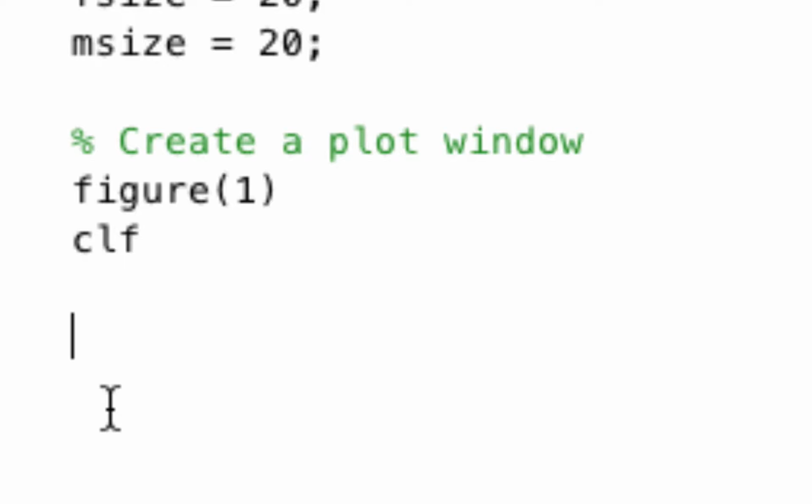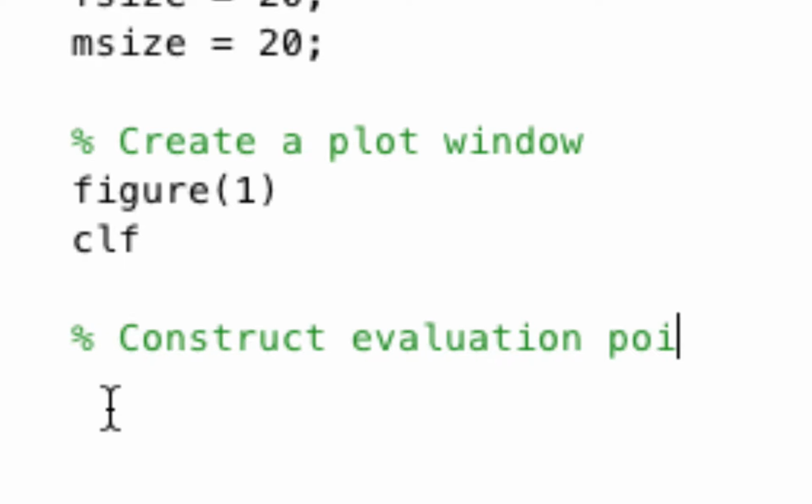And then let's construct evaluation points, because whenever plotting functions in practice, we have to choose some points on the horizontal axis where we will plot the point on the vertical axis.